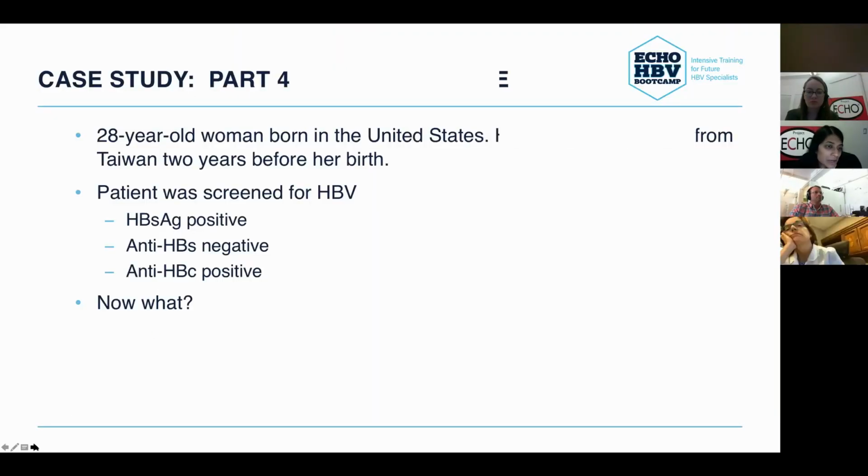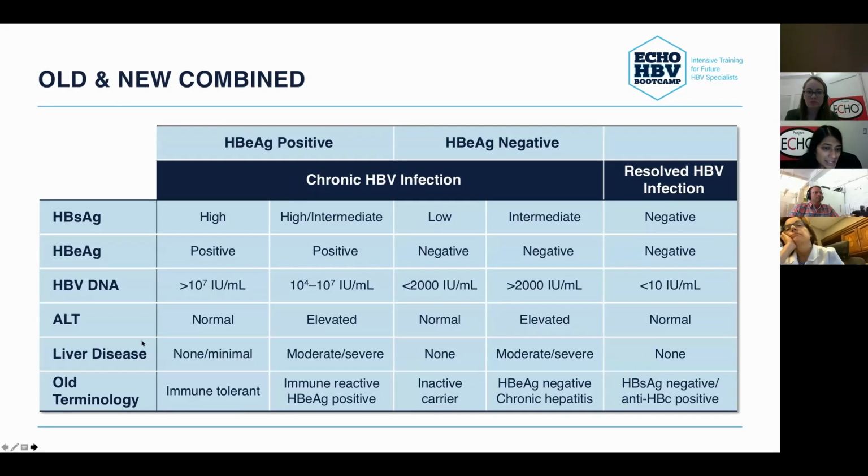So I'm going to stop share, and let's go back to my PowerPoint slides if I can find them. Here we go. So again, their ALT is elevated. They're more than 2,000 IUs. They're e antigen negative.